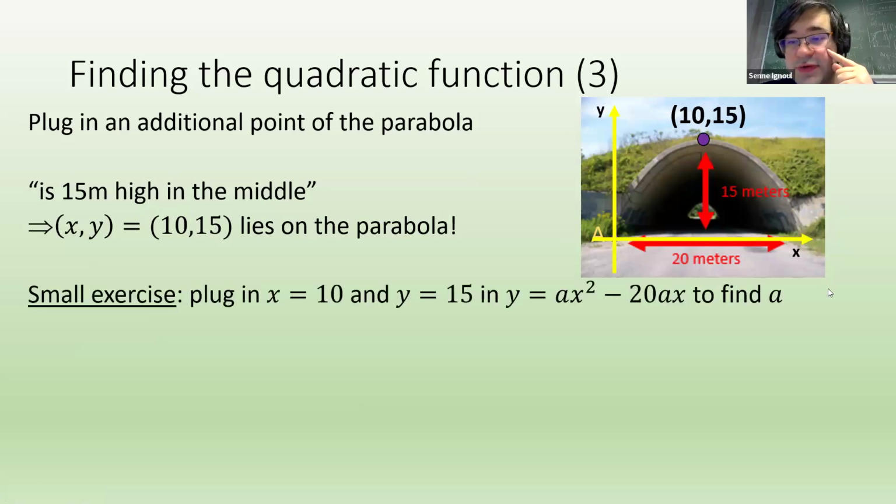And now a small exercise for you. So x is 10, y is 15. That point lies on the parabola. What I want you to do is plug these numbers into the expression of your function and use that to find A. So plug in the numbers and then try to find A. I will give you a little while for that, and then we will continue. So what is A? Maybe I advise that you use a sheet of paper to work this out.